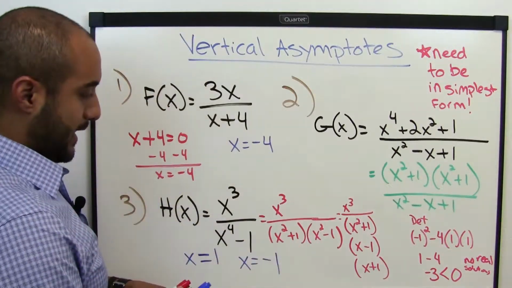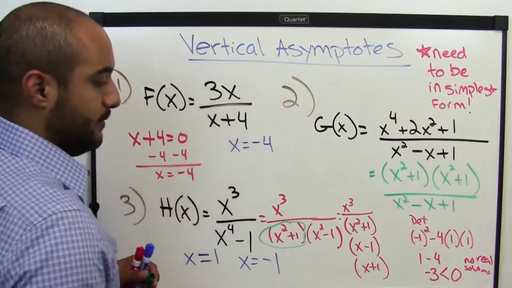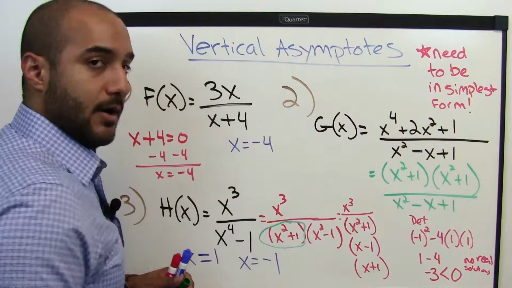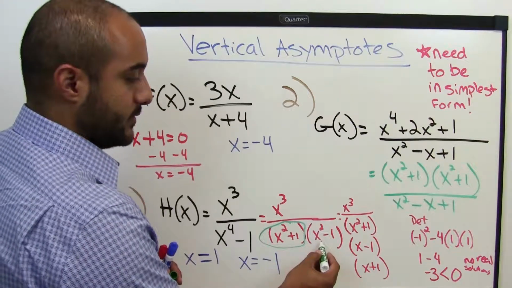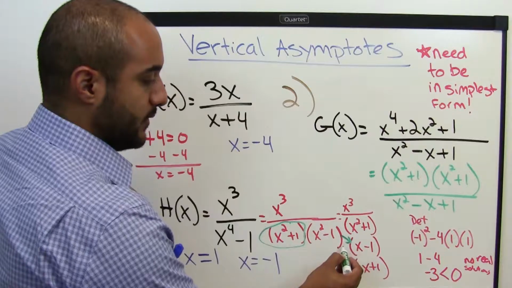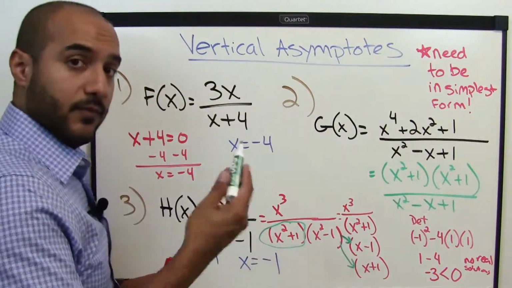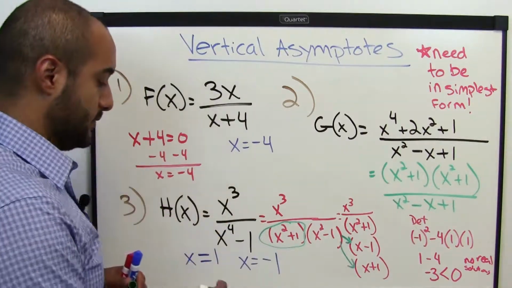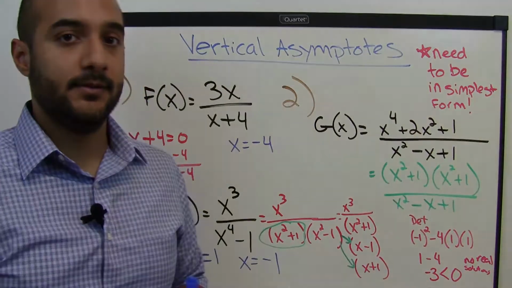I can't do anything else to x squared plus 1, because if I try to solve that, I get a complex solution. But this one I can keep going with. So I broke this into x minus 1 and x plus 1, and when I solve for those equal to 0, I get that I have 2 vertical asymptotes, at positive 1 and at negative 1.